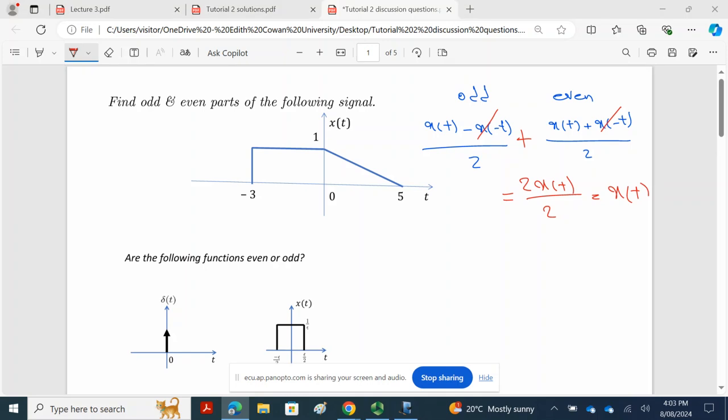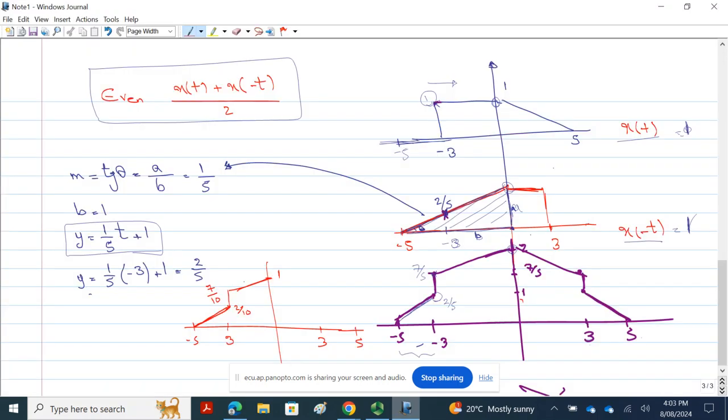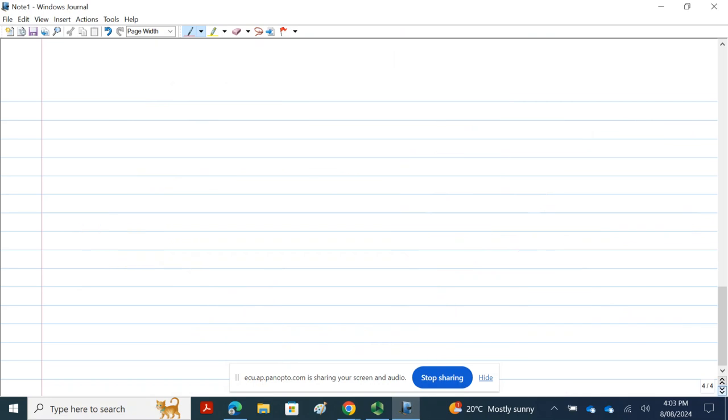Okay, so that was just part A, finding the even part. Now we need to go and find the odd part as well, which is more difficult. Okay, so it is 5 minus 3, right?